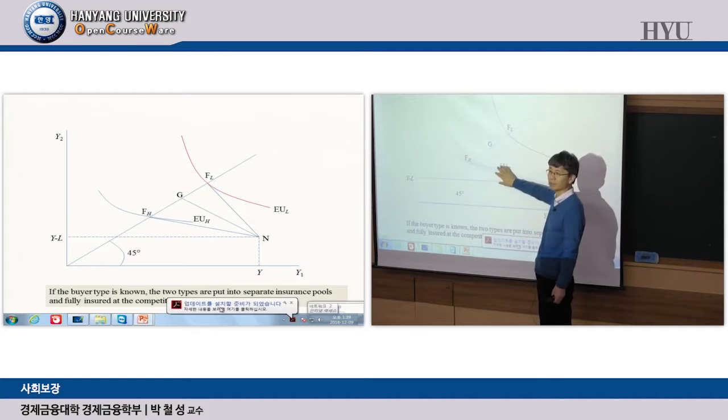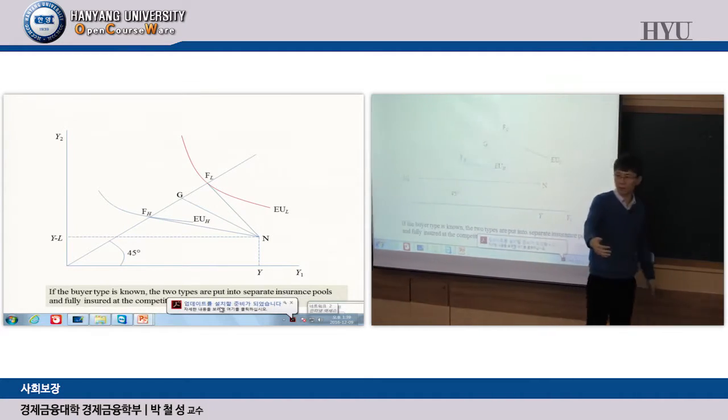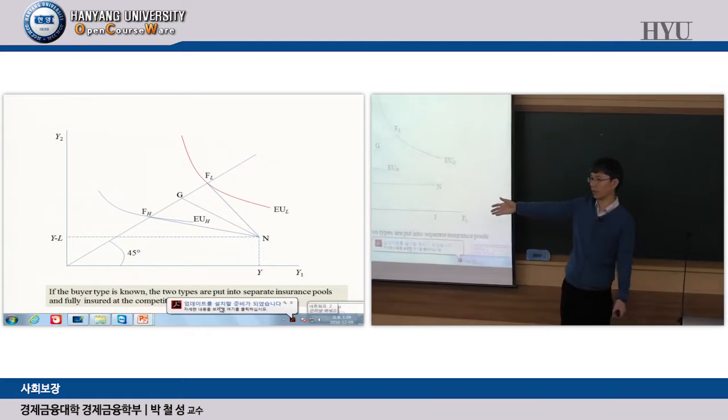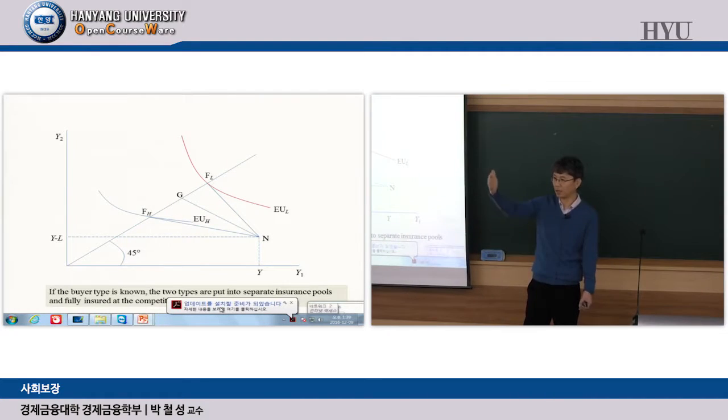This is the efficient outcome of the market. Inefficiency is introduced by information asymmetry, meaning that the insured person purchasing the insurance knows his type, but the insurance company selling it doesn't know the person's type. That's the source of inefficiency.